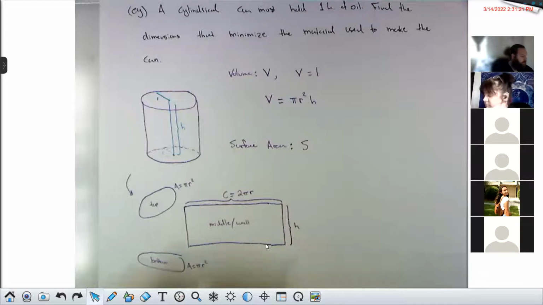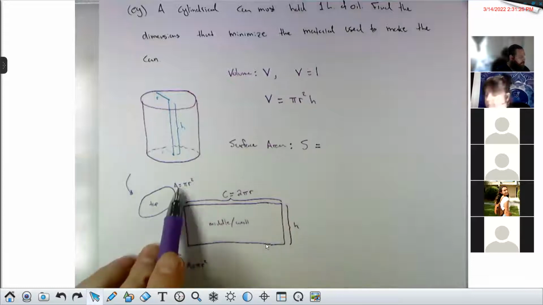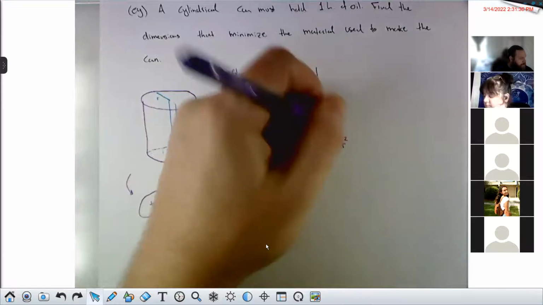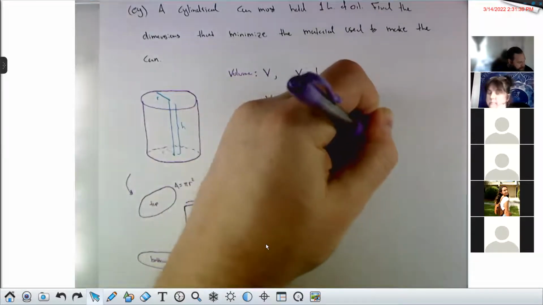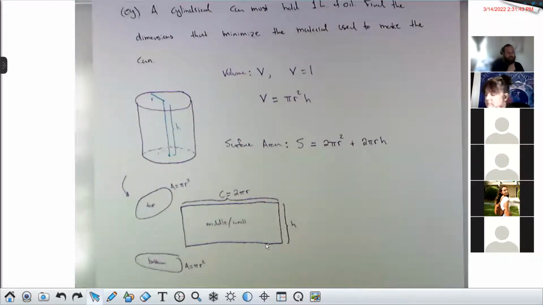So my surface area altogether, what do I have? I've got pi r squared plus pi r squared. That's 2 pi r squared plus 2 pi r times h, right? Length times height. So this is the thing I want to minimize.